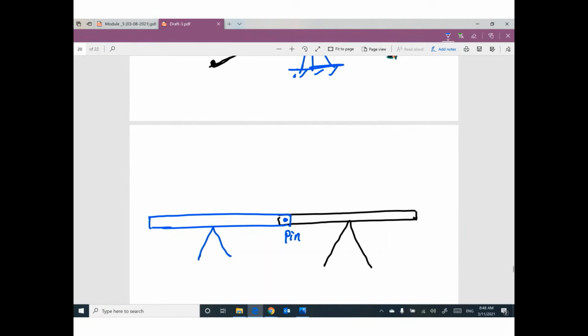I have a question. What will happen if this side moved up? I believe this point will not move. Anybody can tell me what's going on?